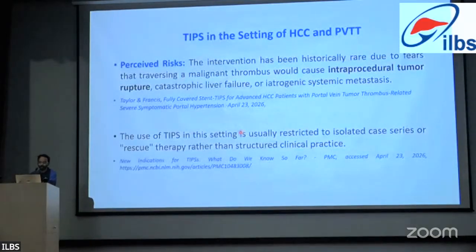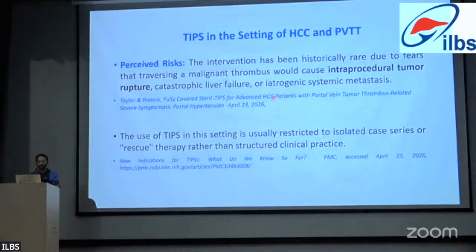So with this context of my case, I would like to add a few points. That is TIPS in the setting of HCC and portal vein tumor thrombus. There have been a lot of perceived risks, because historically there were fears of traversing a malignant thrombus, which could cause intra-procedure tumor rupture, catastrophic liver failure, or iatrogenic systemic metastasis.